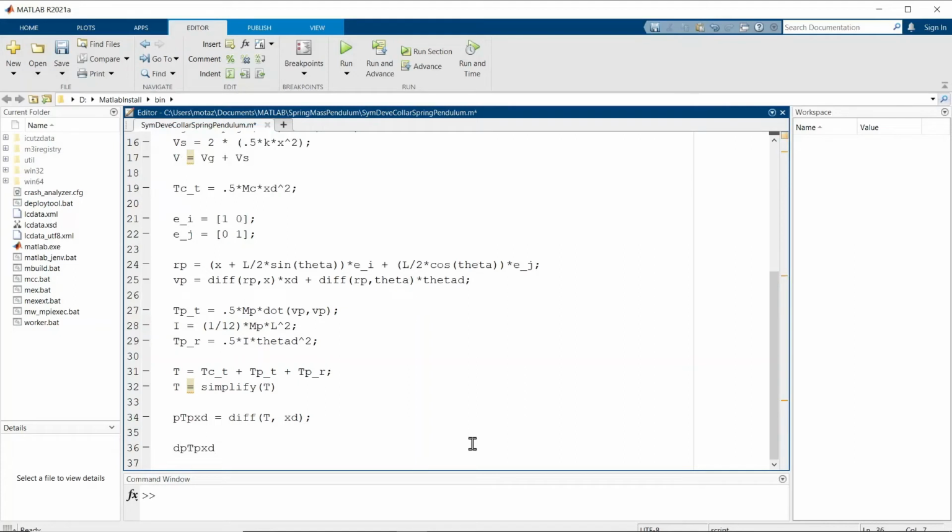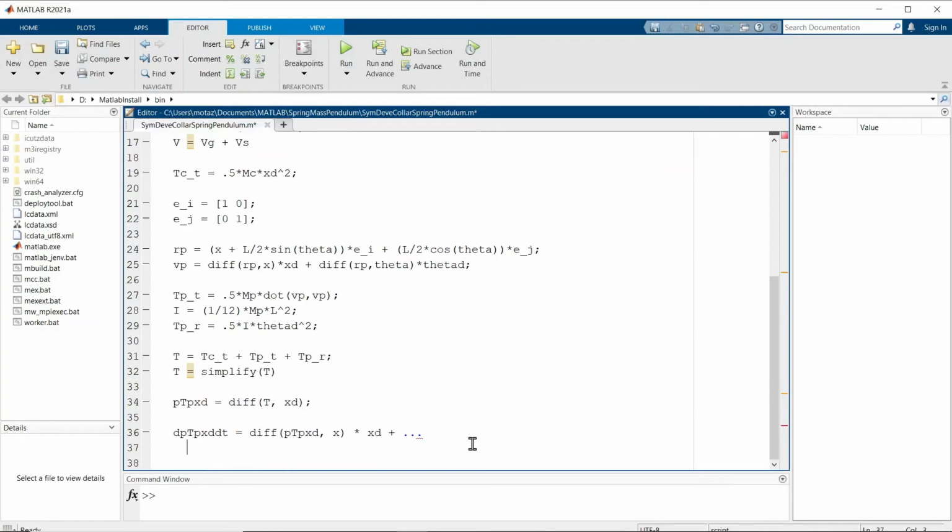And then we need the time derivative of the partial derivative, which we just found, with respect to time. So here we need to use the chain rule. We'll take the derivative of this term first with respect to x, and multiply by the derivative of the inside, and then take it with respect to x dot, and then theta, and then theta dot.